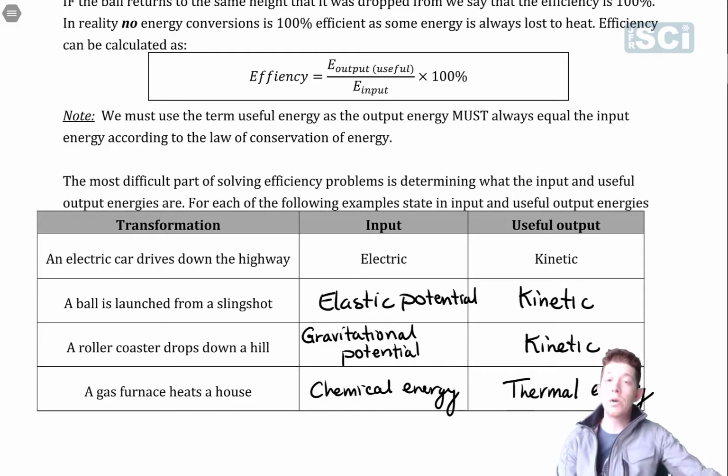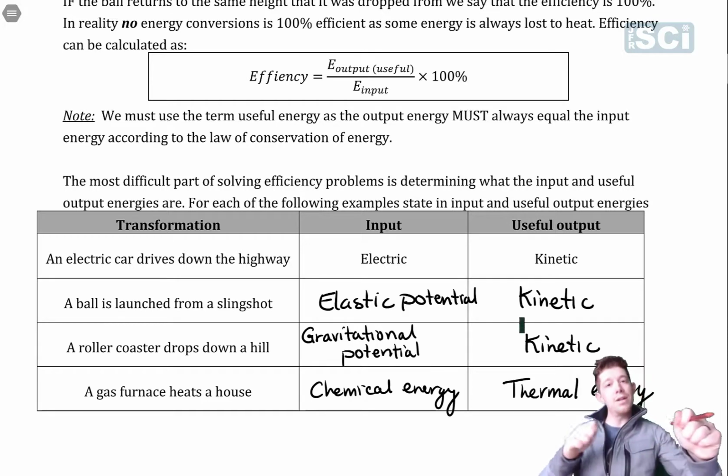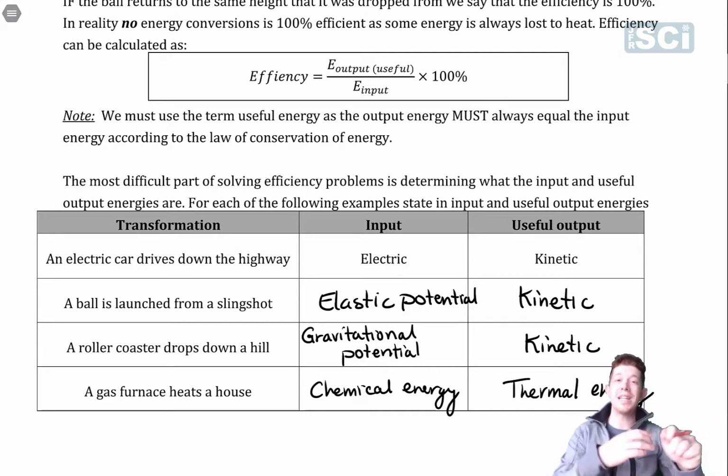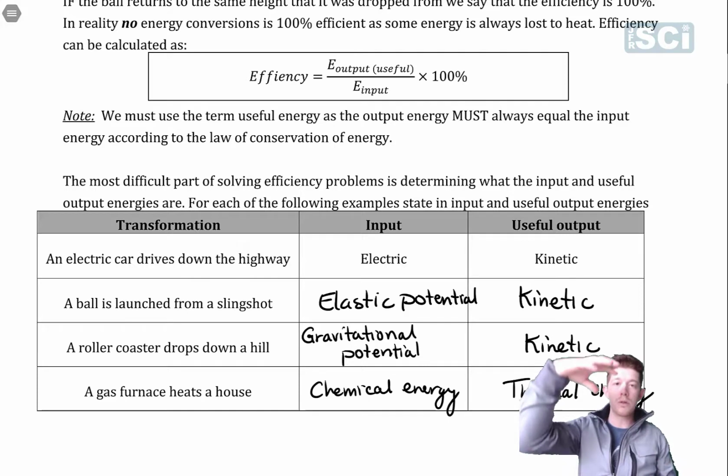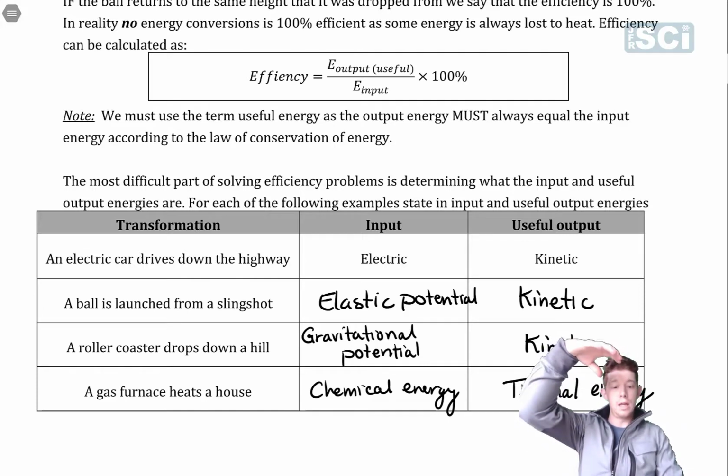So welcome back. I've filled in the table here. A ball being launched from a slingshot has elastic energy being stored in the material as I stretch it. When I release that energy, it's transferred into our useful energy, and that's kinetic in this case. For the next one, the roller coaster at the very top of a hill has an input of gravitational potential energy.